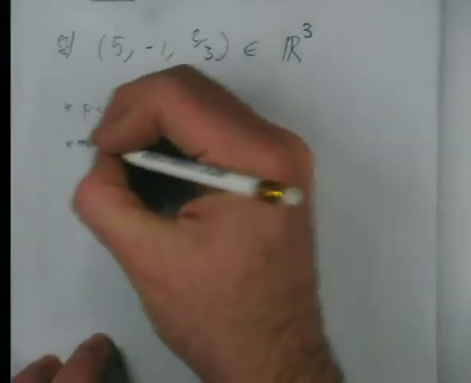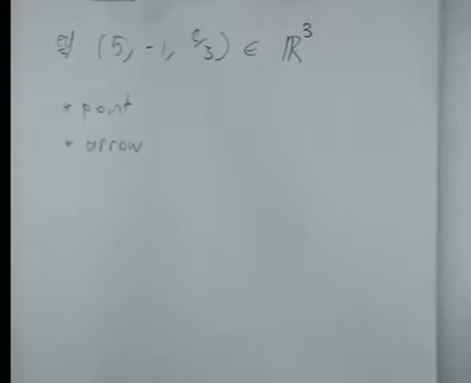It could represent, if I wanted it to, an arrow that goes 5 along the x, -1 along the y, and 2/3 along the z, and that arrow could be placed anywhere we like. And simultaneously, it could be either one of them depending on what we wanted to do with it. And mathematicians do not distinguish which one they want you to think about it as at any given moment. So you're going to have to make that up at the time. And most of the time, it's a point.